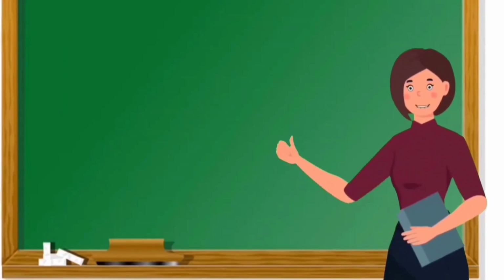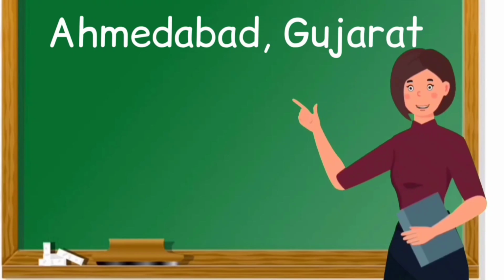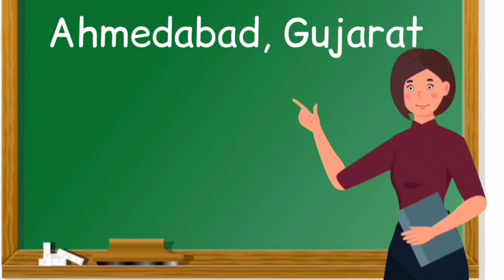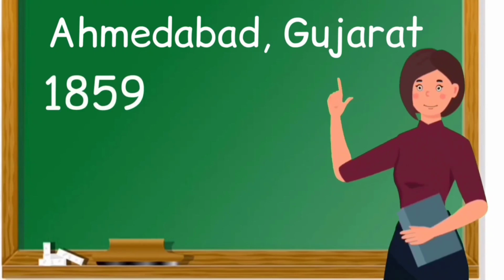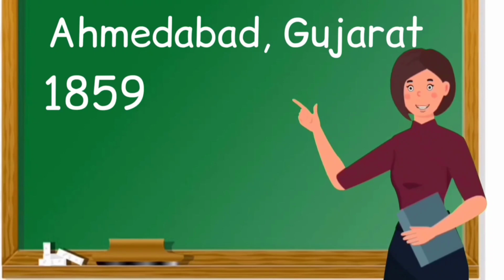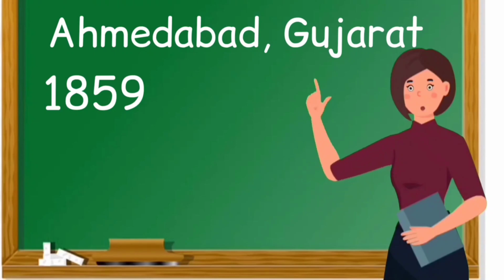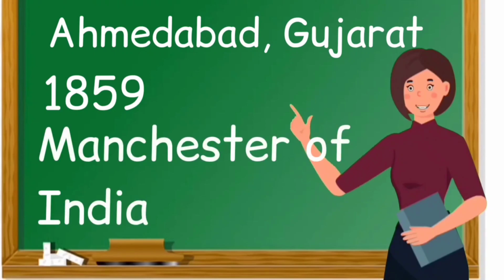So, in industries, we will discuss Ahmedabad and Osaka. Ahmedabad is located in Gujarat on the banks of the Sabarmati River. The first mill was established in 1859. It soon became the second largest textile city of India after Mumbai. Ahmedabad was therefore often referred to as the Manchester of India.